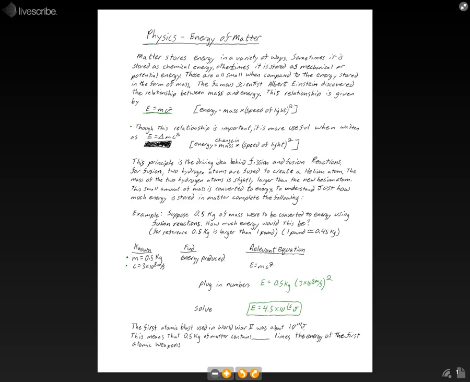All total, if you do the division, this means that half a kilogram of matter contains about 450 times the amount of energy used in the blast from that atomic weapon. So very, very large amounts of energy stored in relatively small masses.